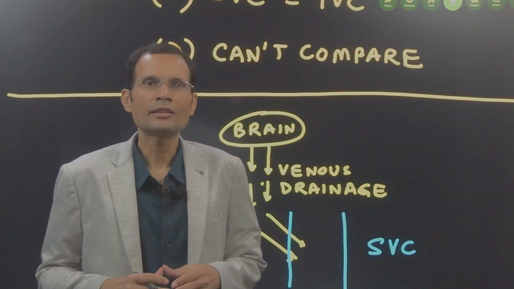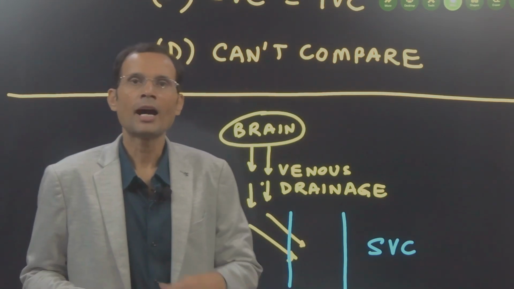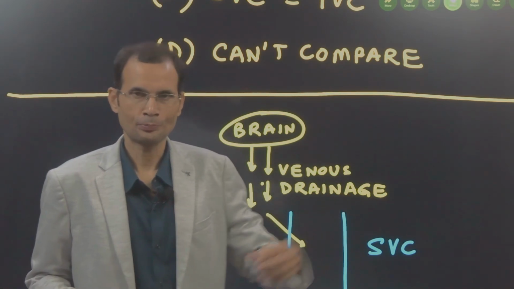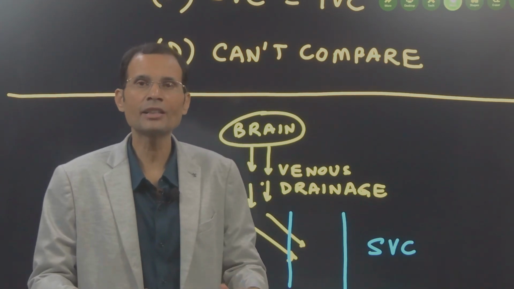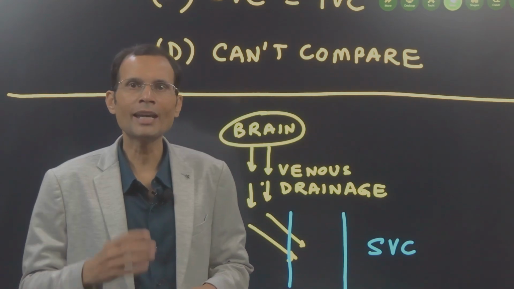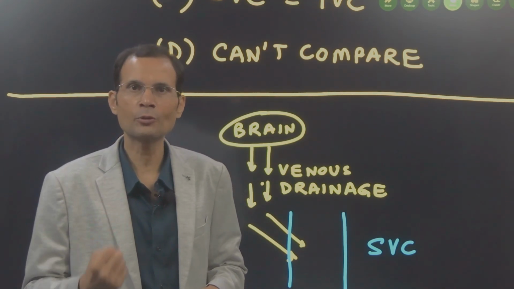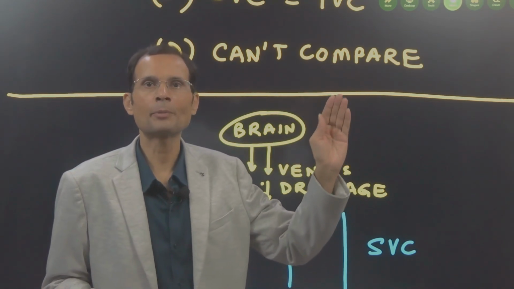You need to understand that veins get oxygen after leaving the tissue. I mean, in the resting condition, this question is about the resting metabolic conditions of the tissues. So, a tissue will extract oxygen, whatever is required, and the remaining oxygen will go into the venous blood.